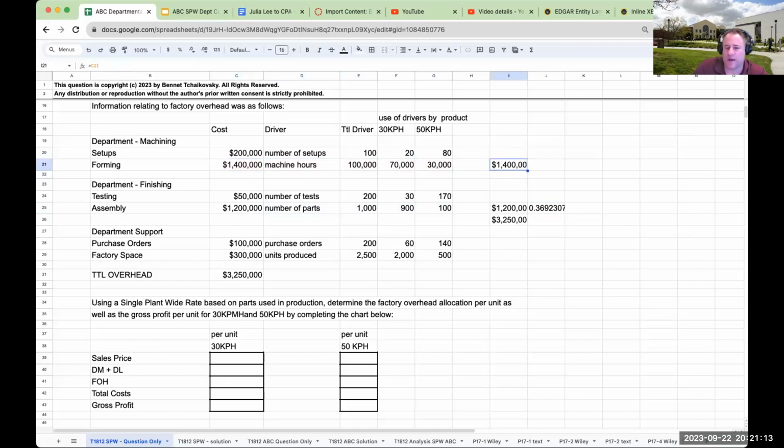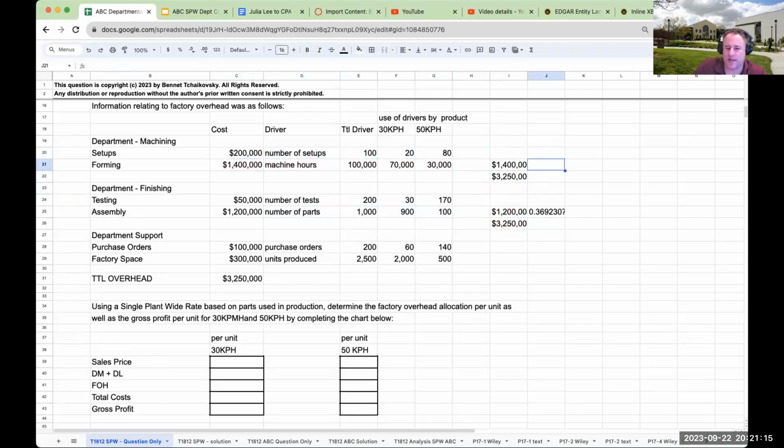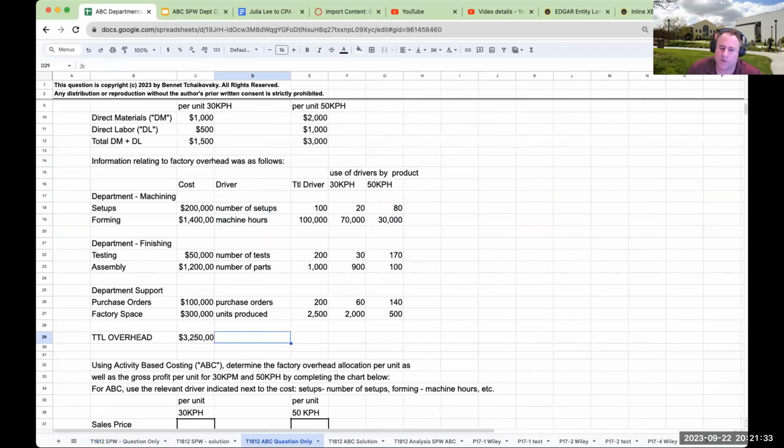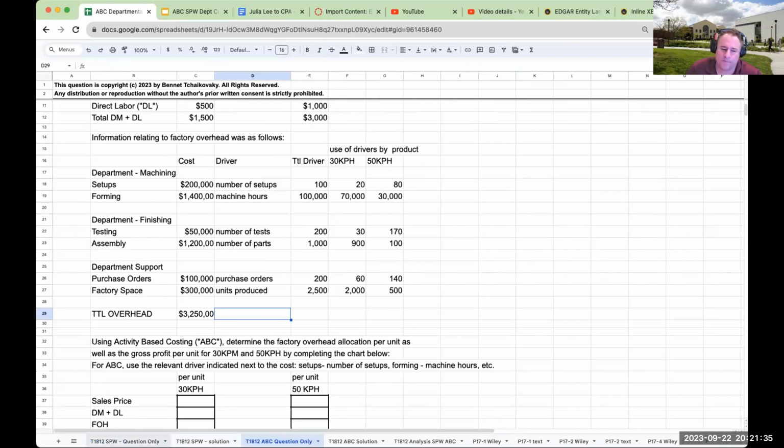If we would have said that machine hours represent roughly 43% of overhead, would machine hours have been a better choice in terms of allocating overhead? Possibly, right? Let's go through and see what would have happened if we were to get closer to the ABC numbers.